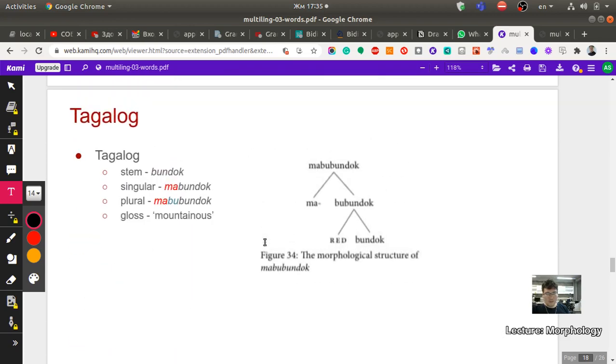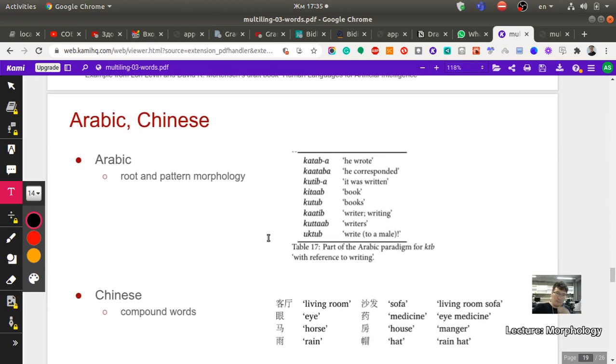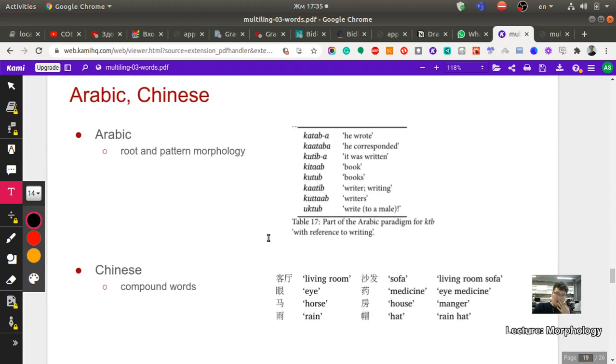It's in Arabic. As I said before, it's like Hebrew, Ivrit in Russian. Root and pattern morphology. So it is a pattern language, where you have, for example, kataba, which is he wrote. Kataba, he corresponds. So he wrote something. Kutiba, it was written.